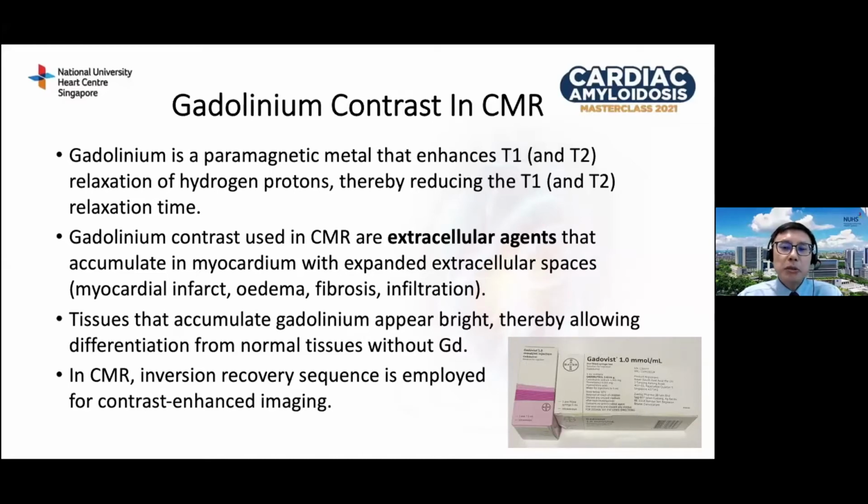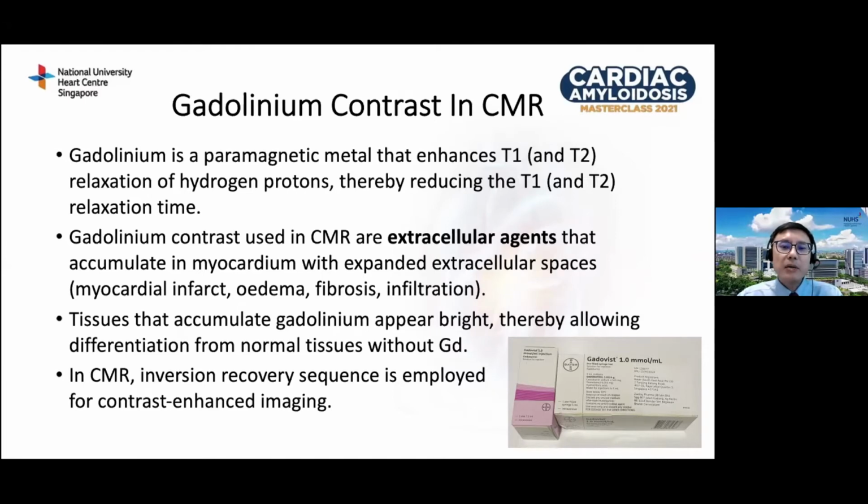So what are the conditions that can produce expanded extracellular spaces in the myocardium? You have conditions such as myocardial infarction, myocardial edema, fibrosis, and infiltration by abnormal proteins. And one of the abnormal proteins is amyloid, right?